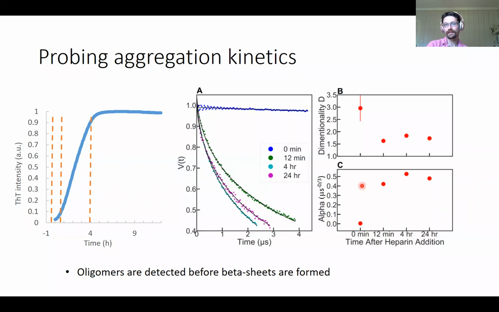So you're actually sensitive to the species where your spins are close to one another. But making a quantitative interpretation because of this mixture has to be taken with caution.